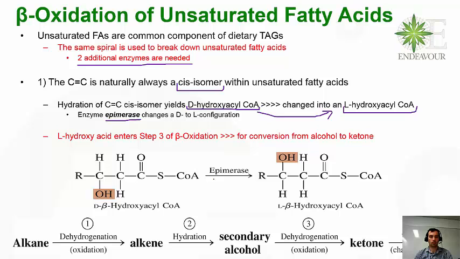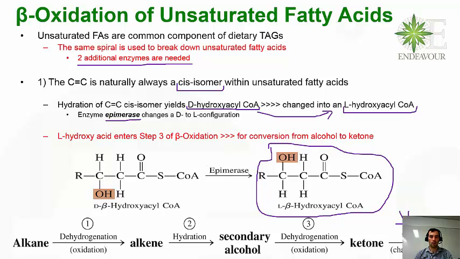And once we have the L version, the L-hydroxyacyl-CoA, we can actually enter step 3 of beta oxidation to convert it to the ketone. So we can convert our L-hydroxyacyl-CoA into the ketone, which is then used to cleave off an acetyl-CoA in the last step.